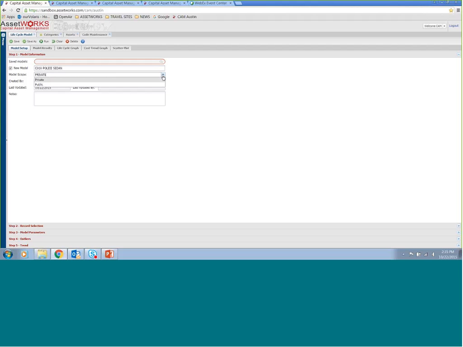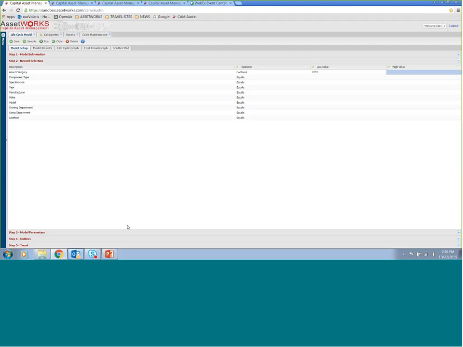If it's a public model, anybody else can pull this model up and view it. If it's a private model, it's restricted to my viewing only. I can start it out as a private, play with it, and then once I'm done, save it and send it back as a public. I can also set some notes, basically create a header record for the model.